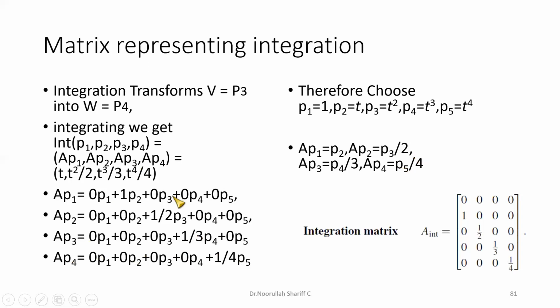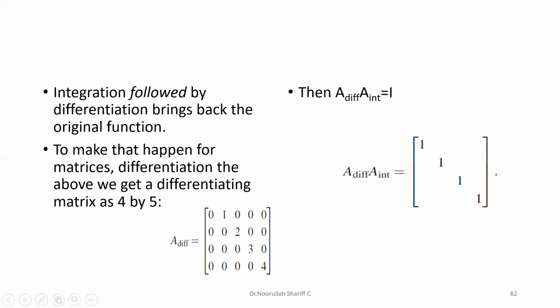This 0, 0, 0, 0 goes into the first row, this 1, 0, 0, 0 goes into the second row, and this 0, half, 0, 0 goes into the third row, then 0, 0, 1/3, and 0 goes into the fourth row, 0, 0, 0, 1/4 goes into the fifth row. So thus we can generate the integration matrix which is specified over here.